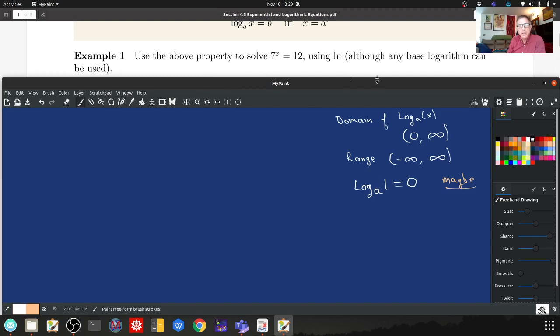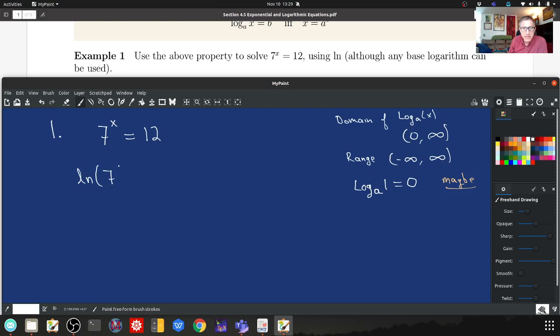So we can use any base of logarithm to solve the following equation. And what I will always use is the natural log, the ln. So 7 to the power of x is equal to 12. So what we're going to do is take the natural log of both sides.